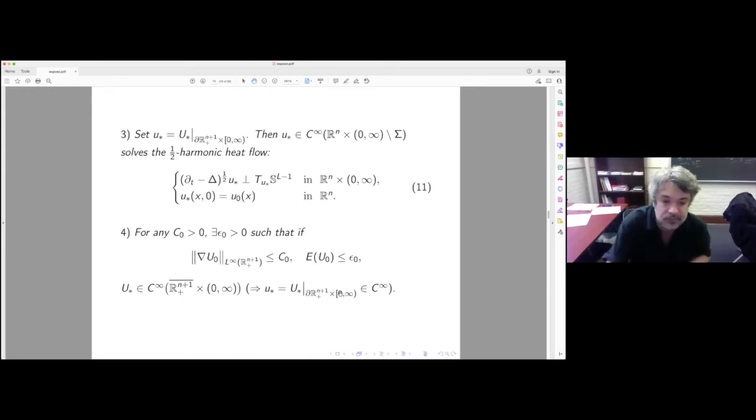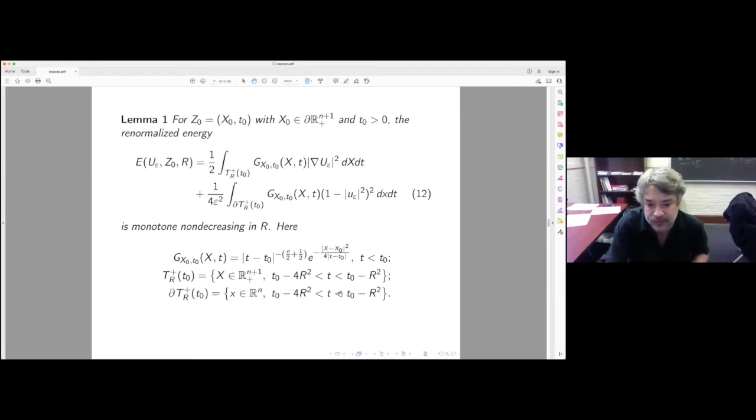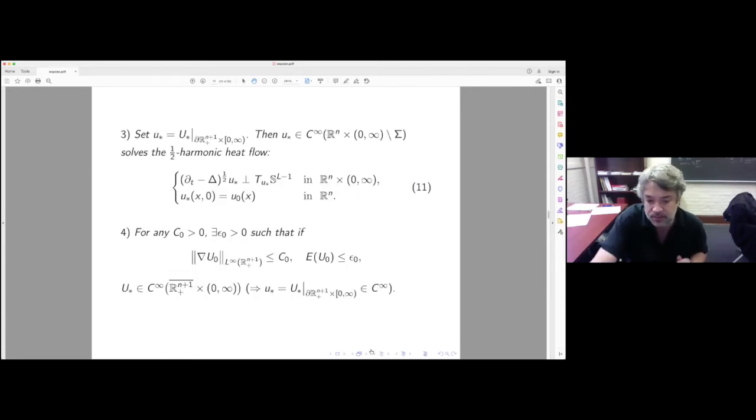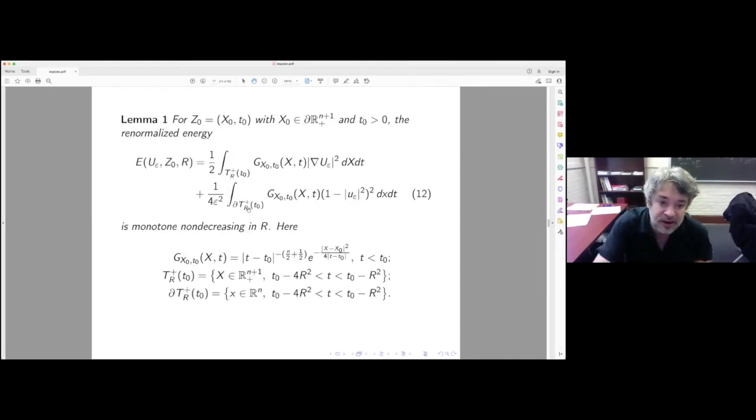So there are two tools to prove it. The main thing to prove is this result, because then the rest follows by covering. You will use two tools. The first tool is a monotonicity formula.